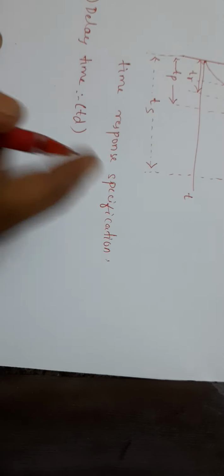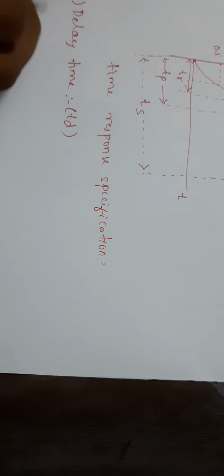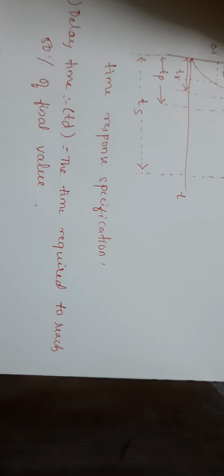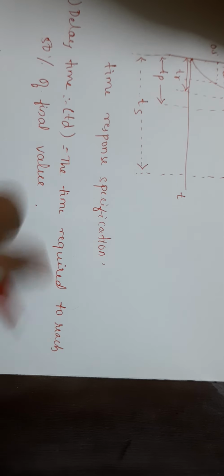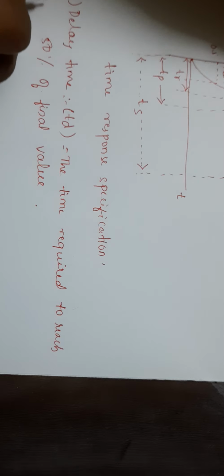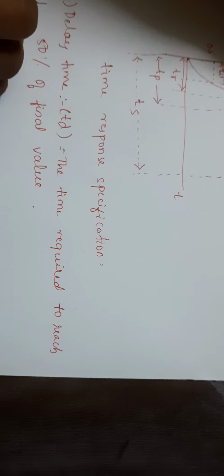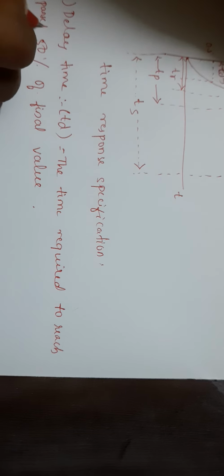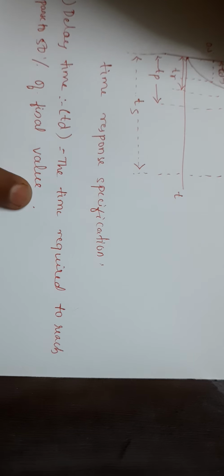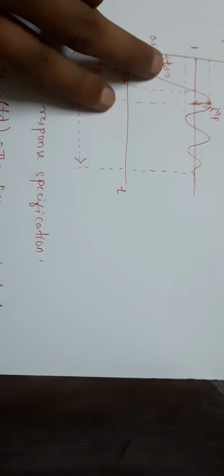Here it is 0.5. So delay time is the time required for the response to reach 50% of the final value. That is delay time td.